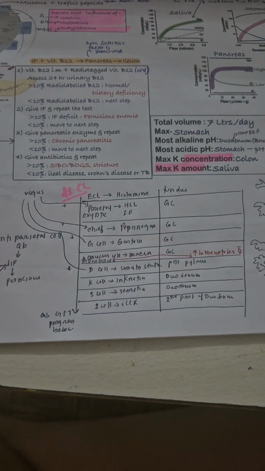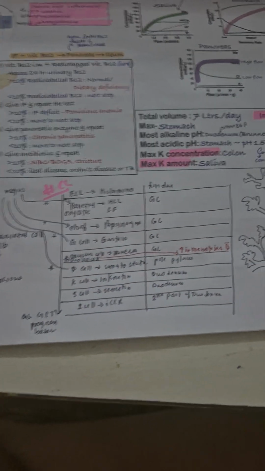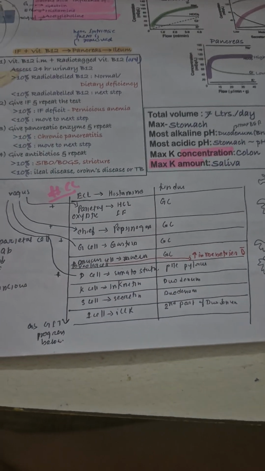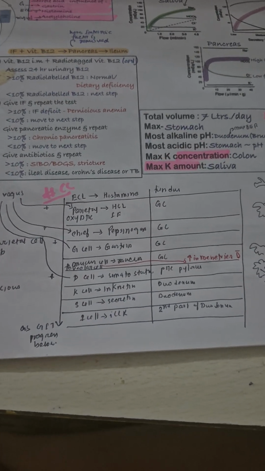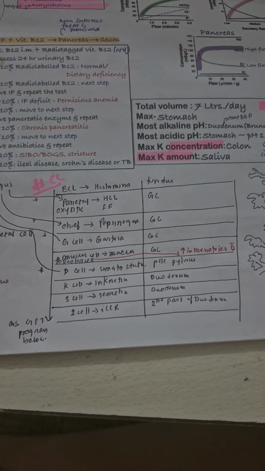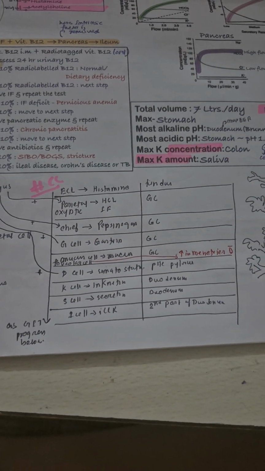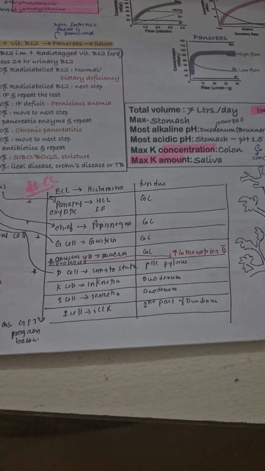In the greater curvature we have the parietal cell or oxyntic cell, the same cell, which obviously secretes hydrochloric acid and intrinsic factor. Then another cell, the chief cell, which secretes pepsinogen. Another cell, the G cell, which secretes gastrin. Another cell, the mucus cell, which secretes mucin.